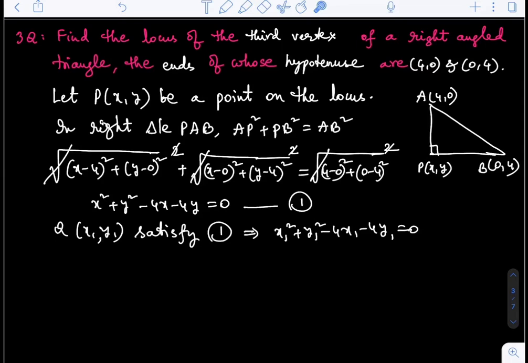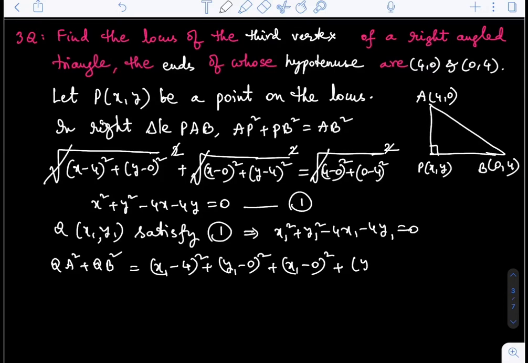Now what is QA square plus QB square? QA square, QB this one, so QB square. Apply the formula and write, that is QA square plus QB square is what? Directly I am taking x1 minus 4 whole square plus y1 minus 0 whole square plus x1 minus 0 whole square plus y1 minus 4 whole square.